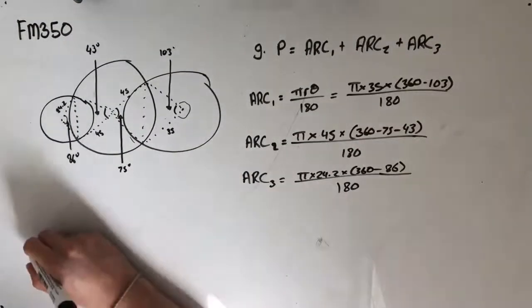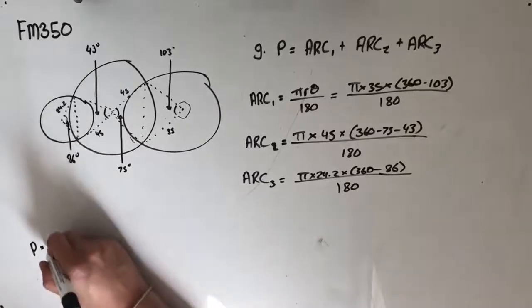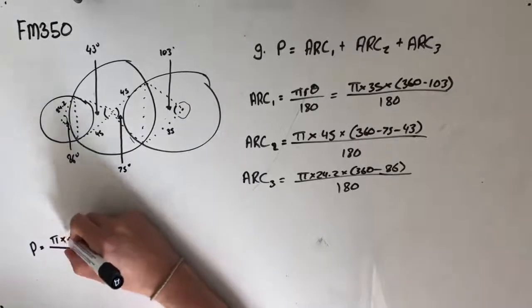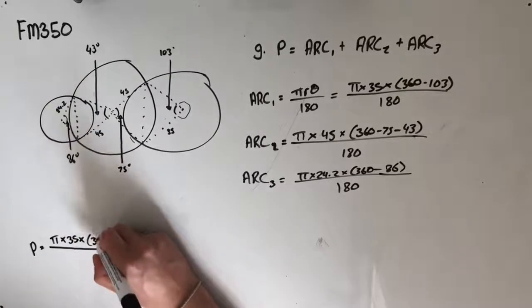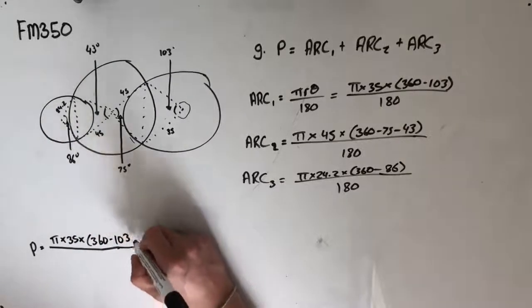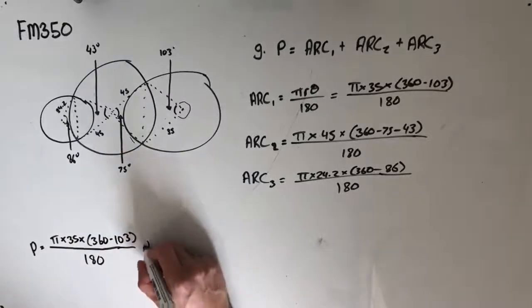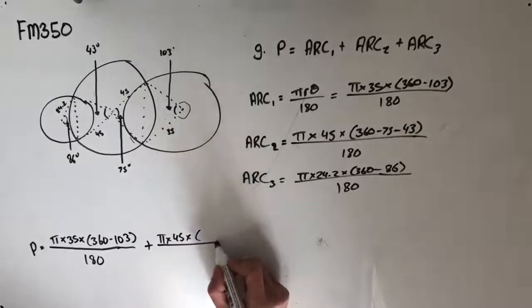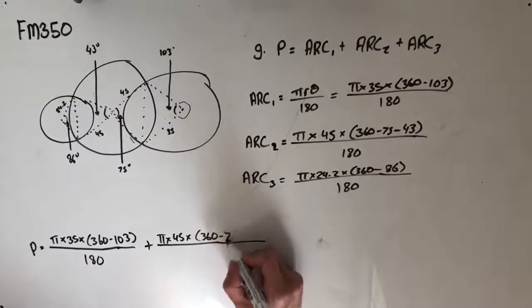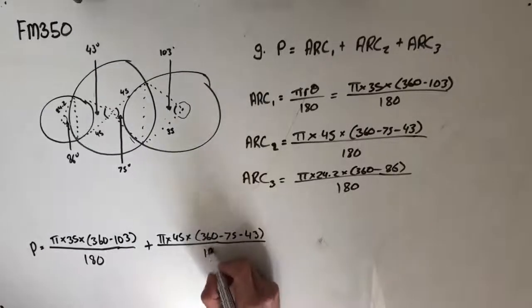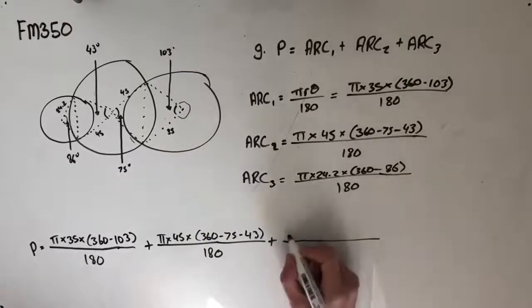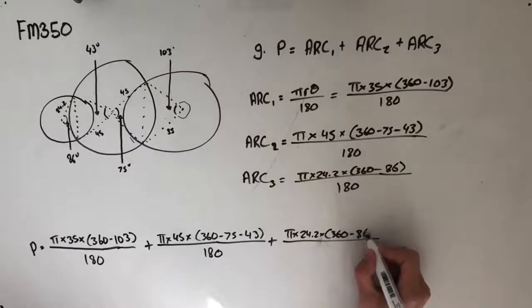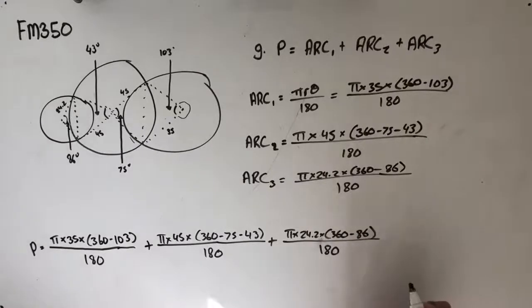So, putting this all together, the perimeter is going to be equal to pi times 35 times 360 minus 103 all over 180, plus pi times 45 times 360 minus 75 minus 43 all over 180, plus pi times 24.2 times 360 minus 86 all over 180.